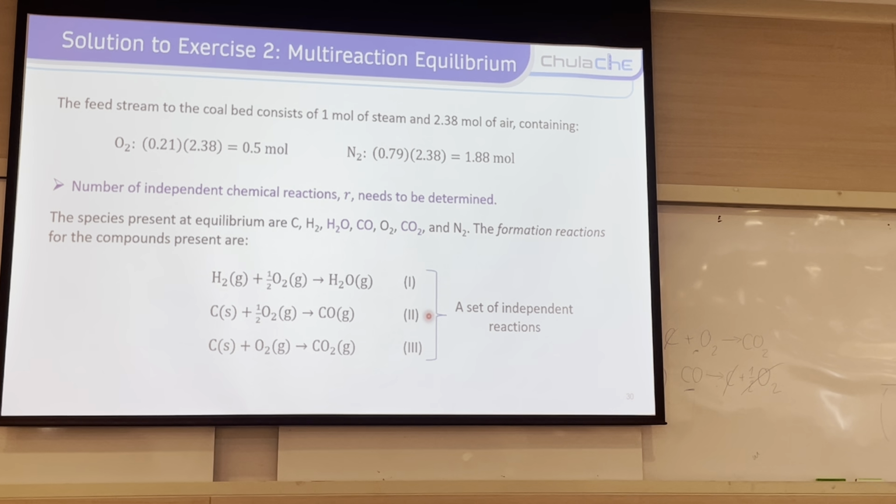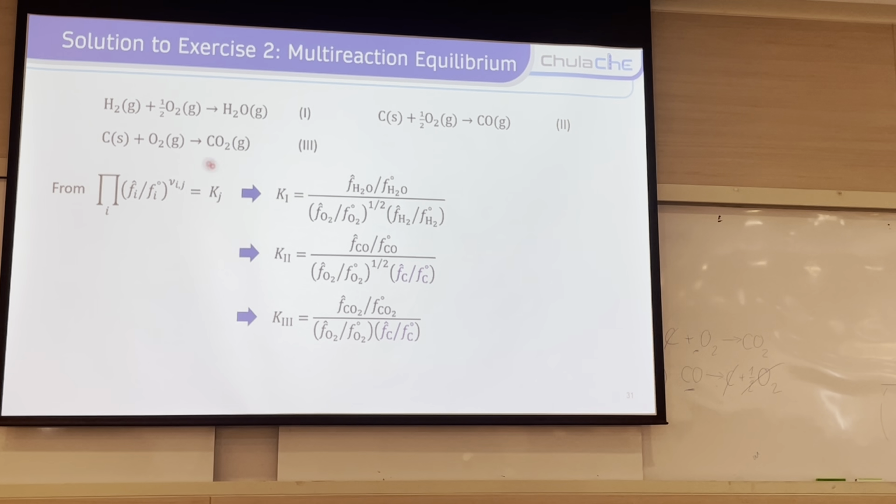When you know the chemical reactions, then you can calculate the equilibrium constant and also write the equation relating mole fraction, pressure, and equilibrium constant. So that is the next step that we will do. From the fundamental equation between the fugacity and the equilibrium constant here, you can separate it for the three reactions.